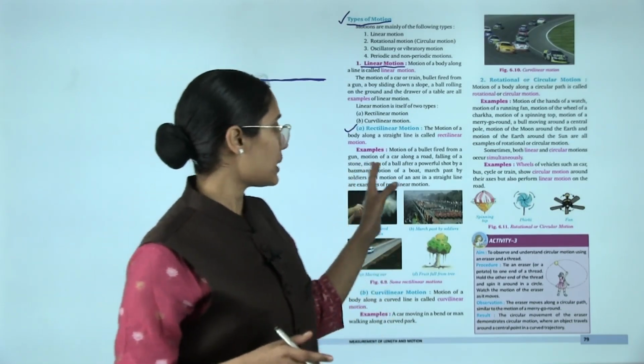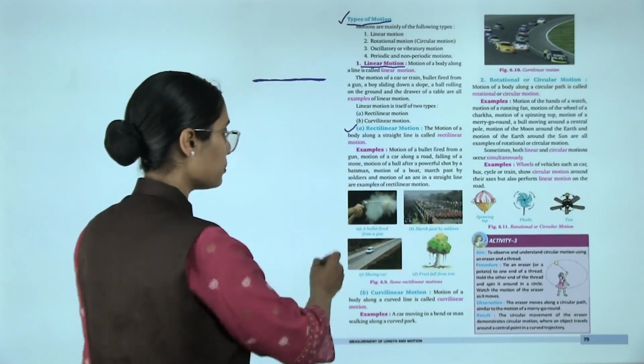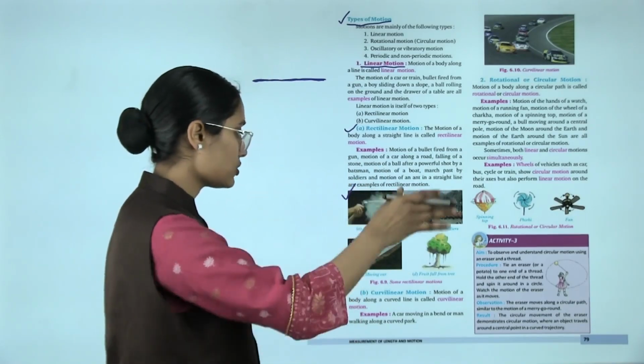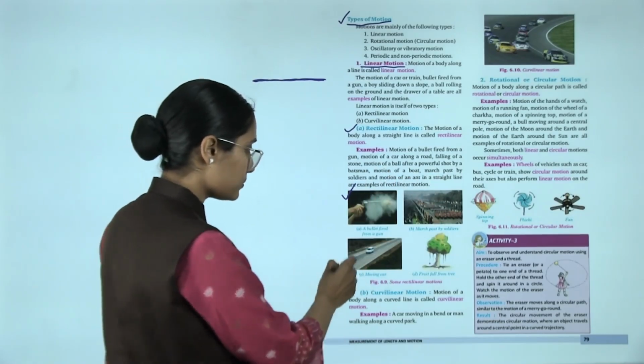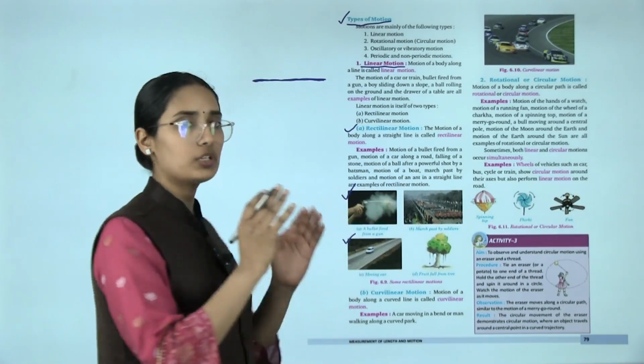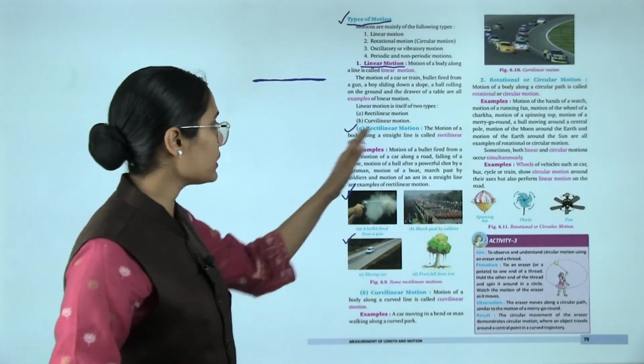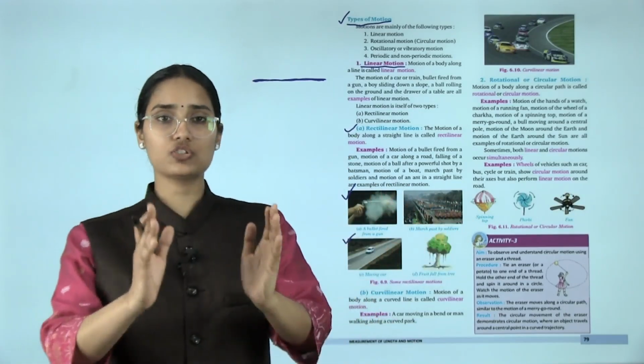So, these are all examples of rectilinear motion. When a bullet is fired from a gun, it always travels in a straight line. When a car moves on a straight road, it follows a straight path. So, in all these examples, the movement is in a straight line.